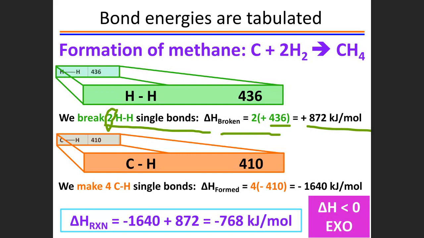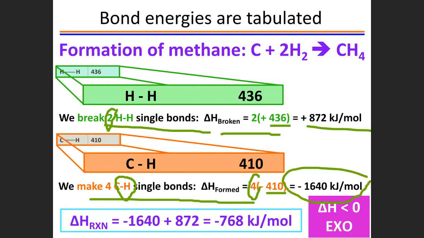We make 4 single bonds, so we take 4 times the C-H bond energy, and we find this energy. And this is the total heat change in the context of products, in the case of bond formation and bond breaking energy.